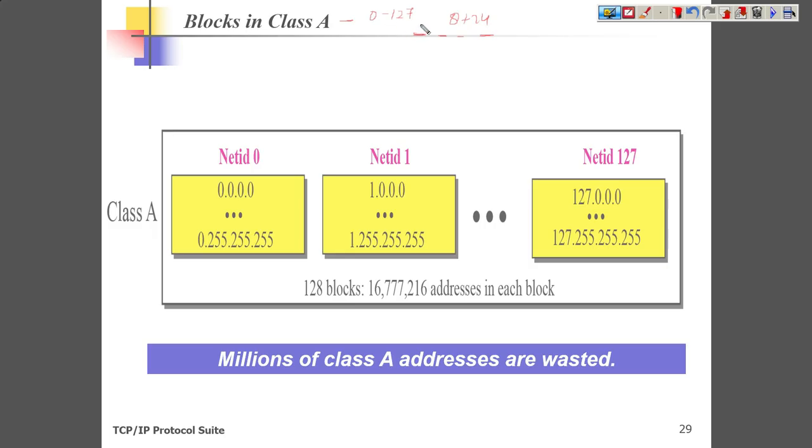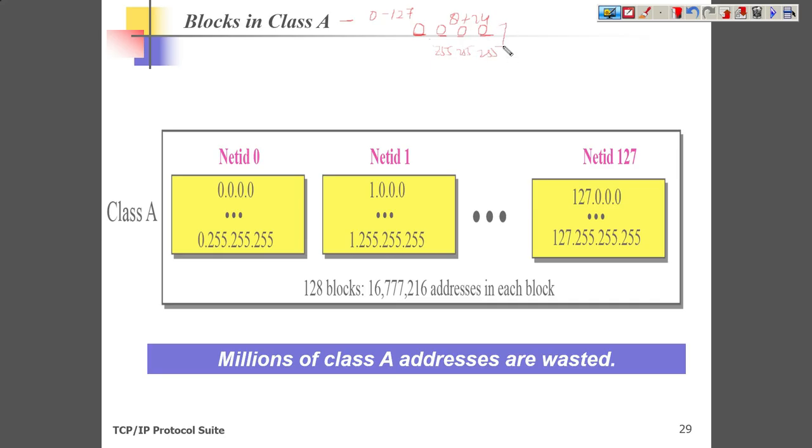That means you will keep 0 here, and with 0 you can make all the combinations: 0.0.0. This is your first ID in class A with network 0. And then you can keep all 1s, that is 255.255.255.